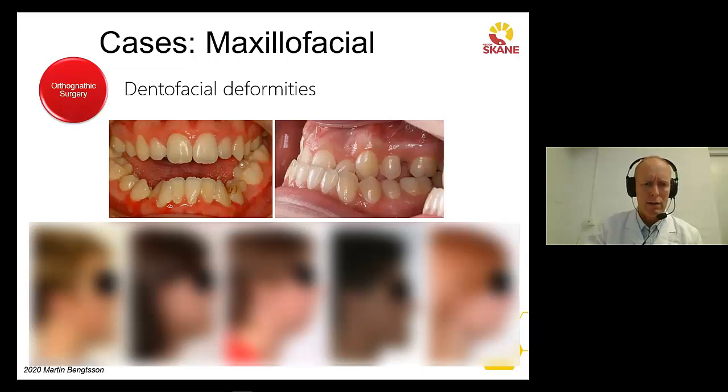You can also see that the patients shown here have aesthetic disabilities, with a facial appearance not looking normal at all. So the treatment needs are both functional and aesthetic. We always do the treatment in collaboration with a specialist dentist in orthodontics, and the treatment takes about 2 years to perform in total.